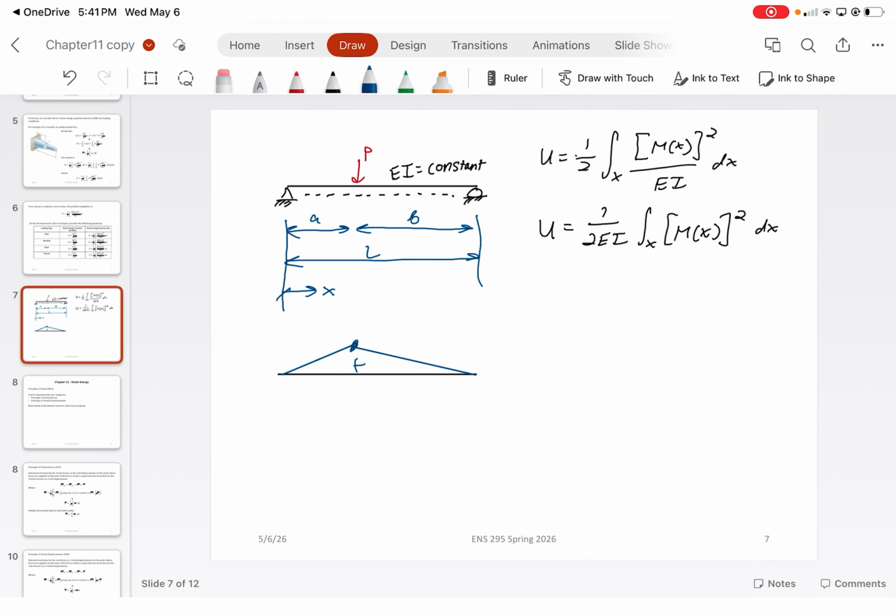All right, now the values of these equations, we would have MA of x, or the bending moment within the region of 0 to A. That would just equal P times B times x divided by L. For MB of x, which is for x from 0 to B, this is going to equal P times A divided by L times (B minus x).